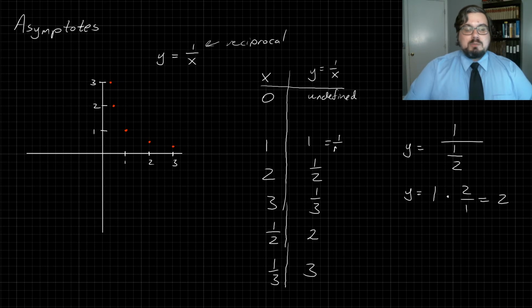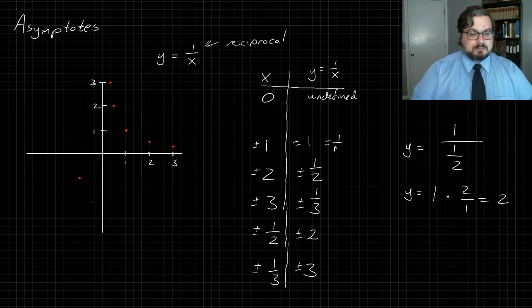Now, if we also plug in the negatives of these x values, we'll see that we get the negatives of the y's as well. So, in fact, this function is symmetric about the origin, and by plugging these in, we get similar points reflected around the origin over on the other side of the graph.